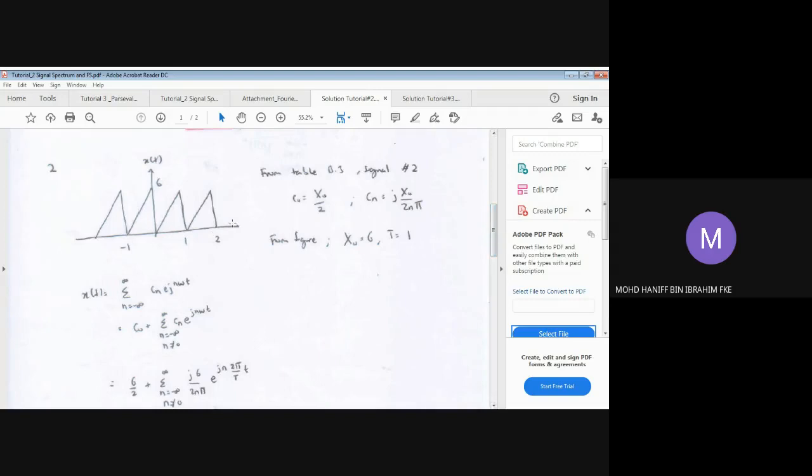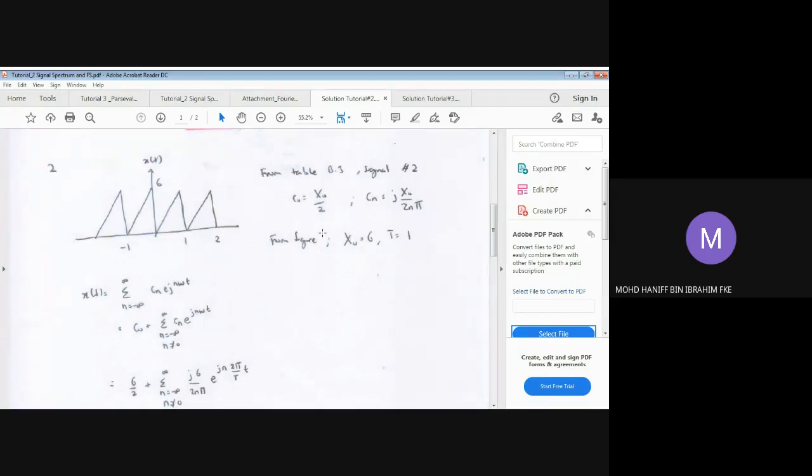Here we have a general function with an amplitude of 6 and a period of 1. As we have learned in class, based on the question, question 2 here, the question is to determine the general form of the exponential Fourier series of x(t).